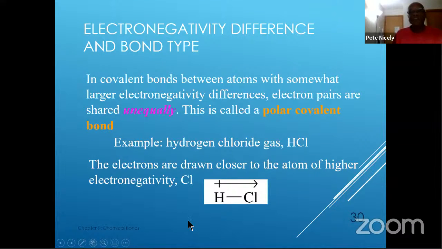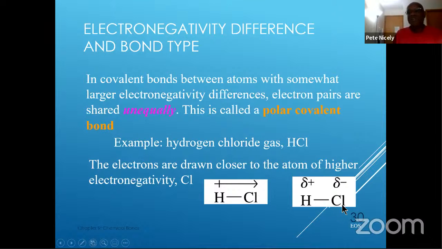Now, one way of representing that shift in electrons is using this symbolism here, an arrow with a cross at the tail of it. It shows you the direction in which the electrons shift in a bond from the less electronegative element to the more electronegative element, all right? Another representation that is used is this one right here. This is indicating that because the electrons are shifted towards the chlorine, there will be an accumulation of negative charge on the chlorine atom.